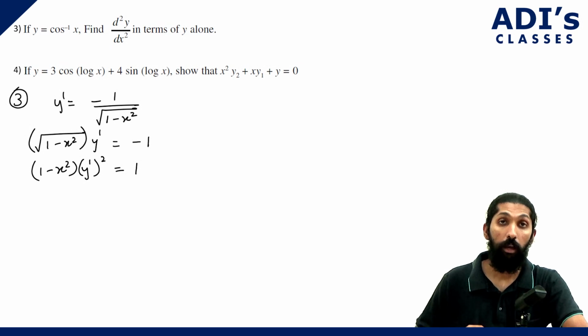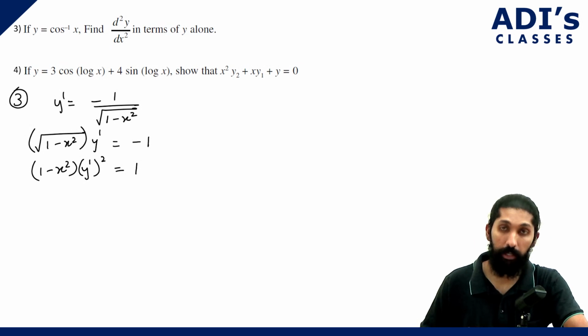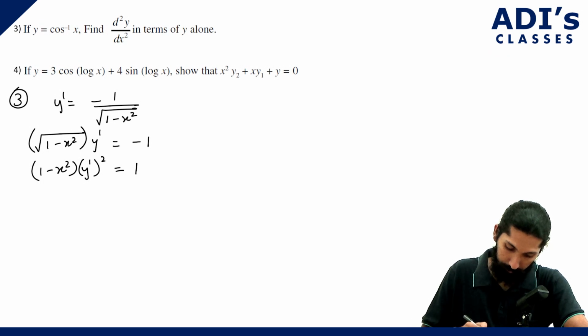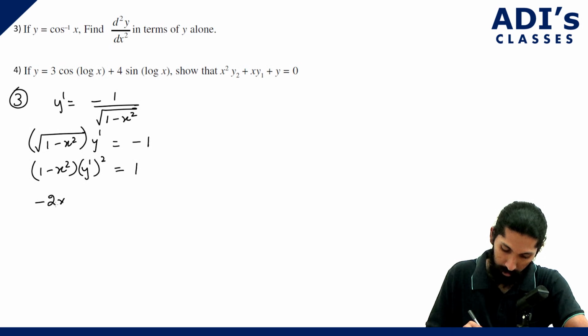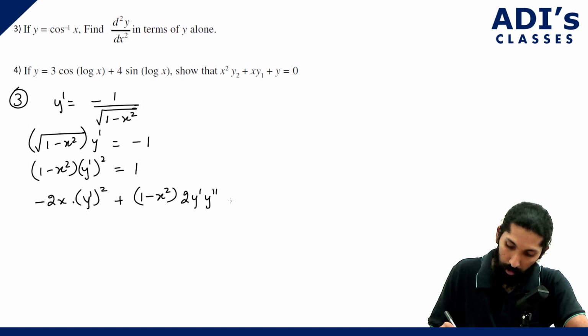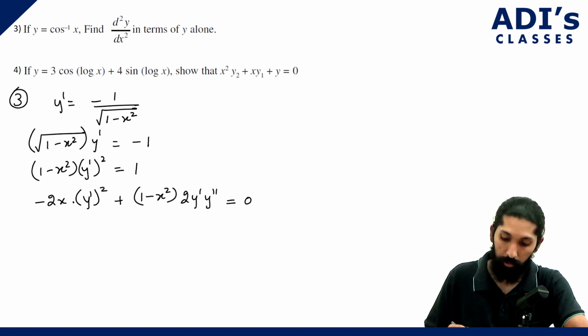Correct? Now differentiate, like you need the second order derivative, isn't it? Differentiate. So you will get minus 2x into y dash whole square plus 1 minus x square into 2y dash into y double dash is equal to 0.